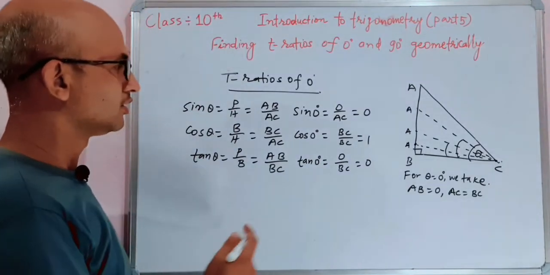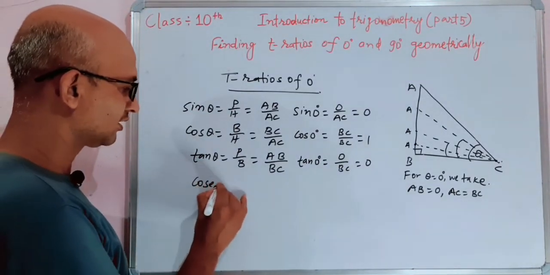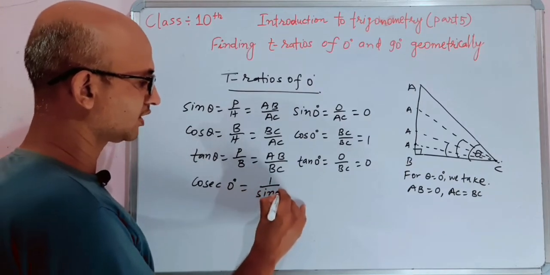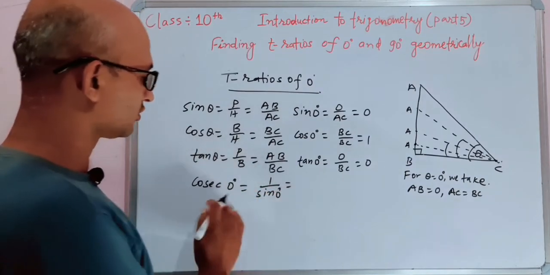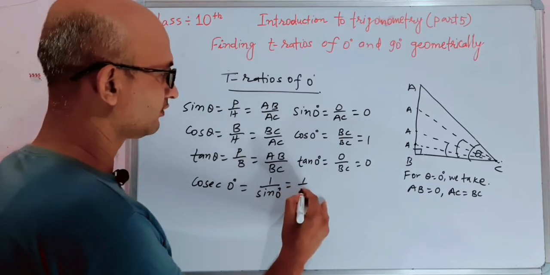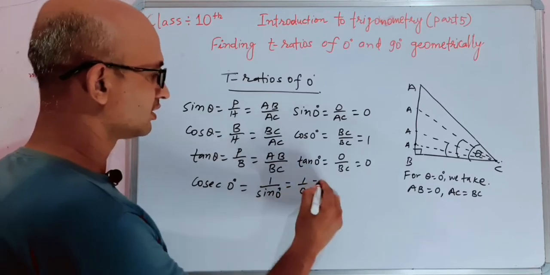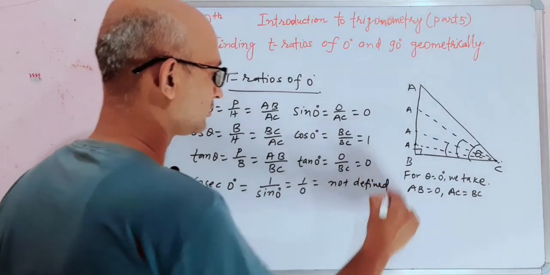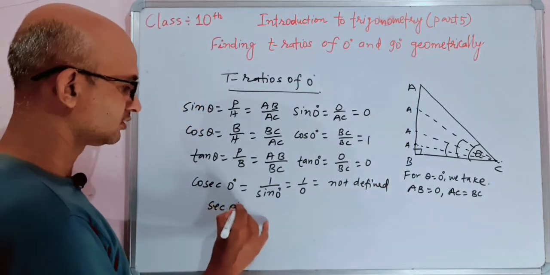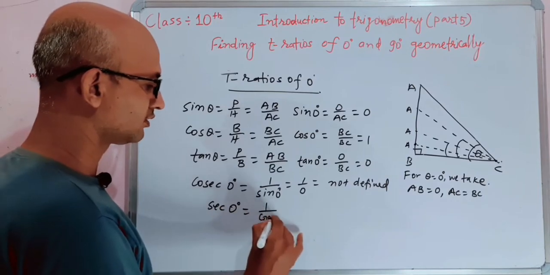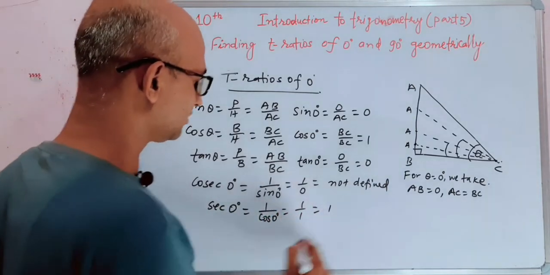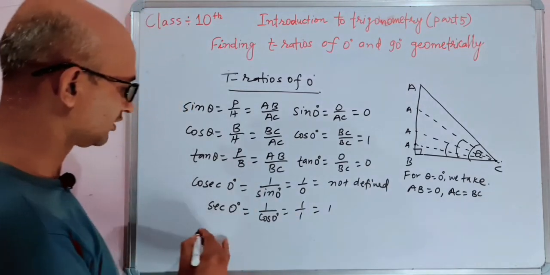Now we know that cosec is the reciprocal of sine, therefore cosec 0 is the reciprocal of sine 0, that is not defined. Sec 0 is the reciprocal of cos 0, that is the reciprocal of 1, so sec 0 is 1.